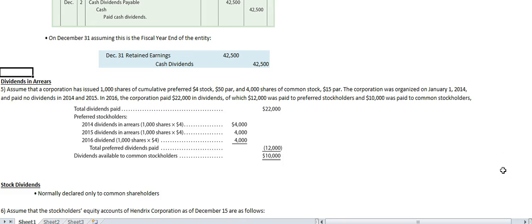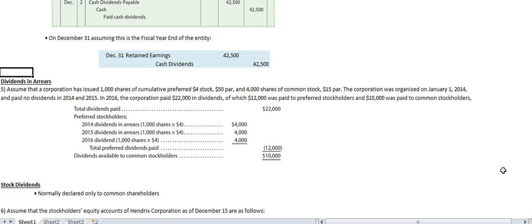So in a cumulative preferred stock, when the company does not pay dividends for 1 year to those preferred stockholders, those dividends accumulate. In other words, the company is obligated to pay those dividends in the future, and they must pay the preferred stockholders dividends first before they can pay the common shareholders, right? And I pretty much gave the same explanation up front in the video as we started it.